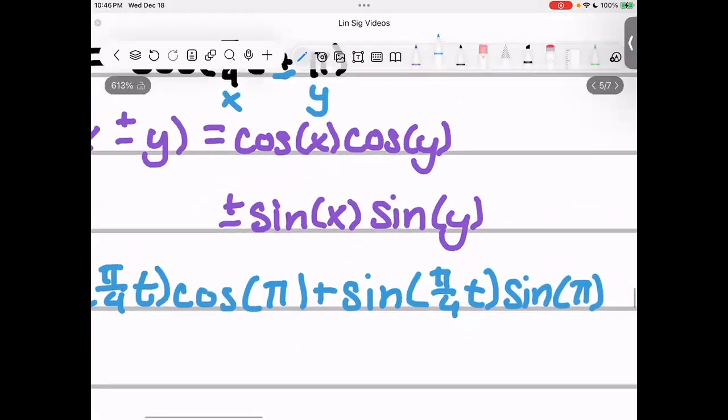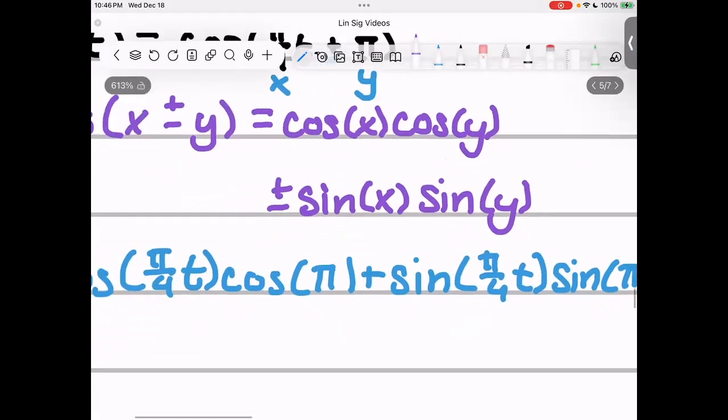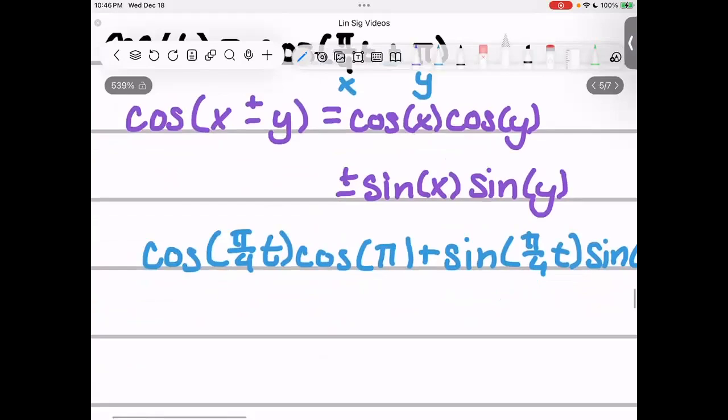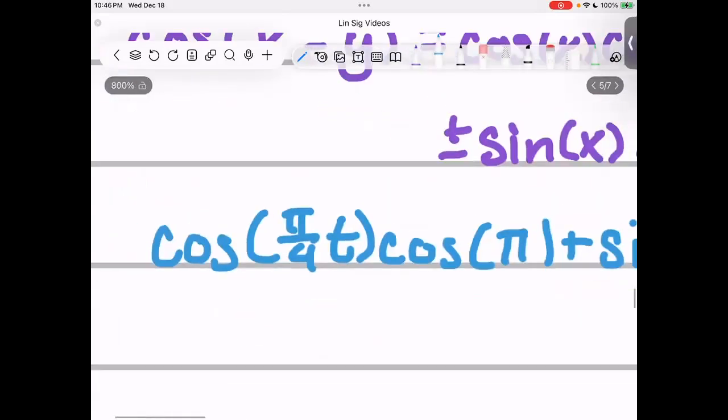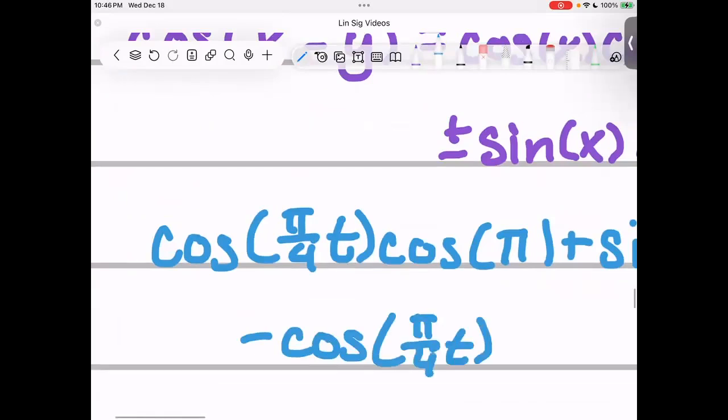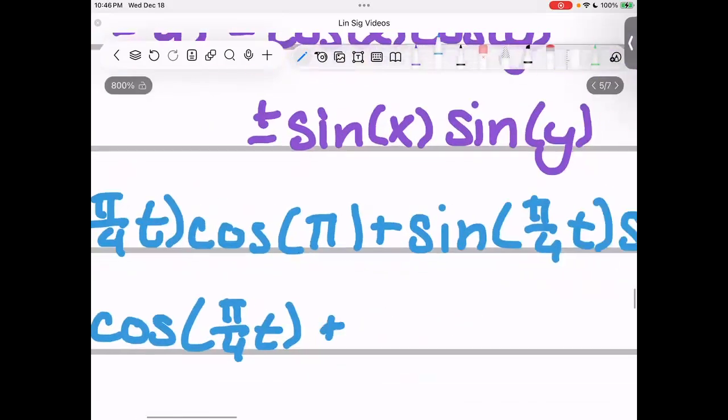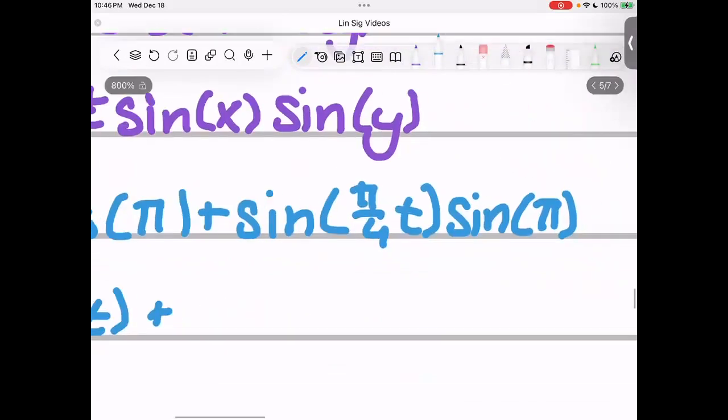Now remember that if there were, hypothetically speaking, a t here, we would have to find the least common multiple of those two periods, but there isn't, so it's just a constant. In this case, the cosine of pi is negative 1, so we end up with negative cosine of pi over 4t, plus the sine of pi is 0, so this whole term goes away.